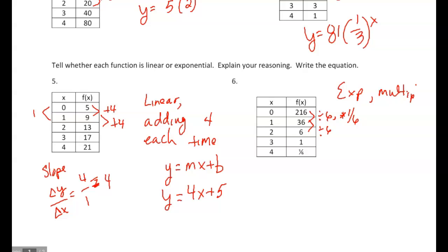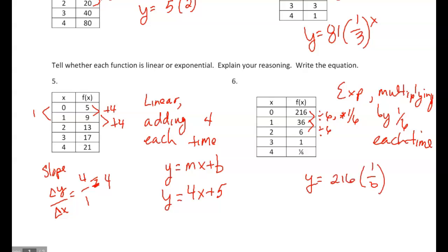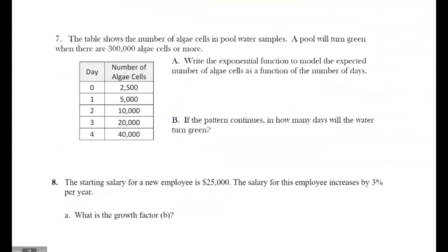We are multiplying. Again, don't say divide. Technically, it has to be multiplying by 1/6 each time. So y equals my original amount, which is 216, 1/6 to the x.